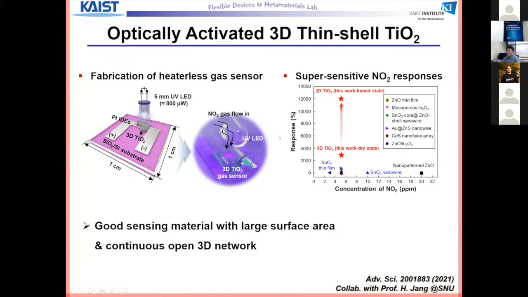If you're a sensor scientist, you know that at room temperature and in humid conditions, sensors generally become very erroneous. But our light-driven NO2 sensor has good sensing capability because it has large surface area. Also, we are detecting gases, so for gas detection we need large surface area. Also, if the pores are blocked from the top and down, we cannot utilize the whole bottom part of the material. So a continuous open 3D network is key to the success of these examples.